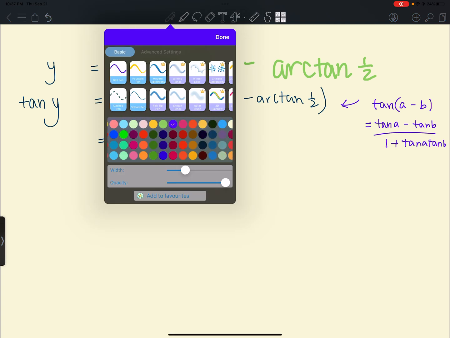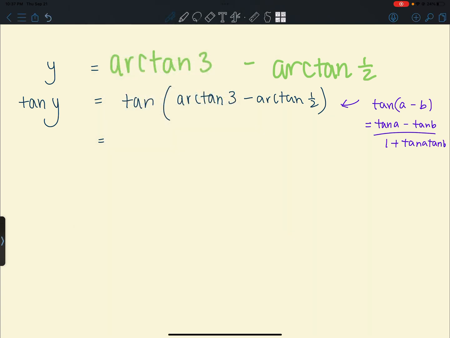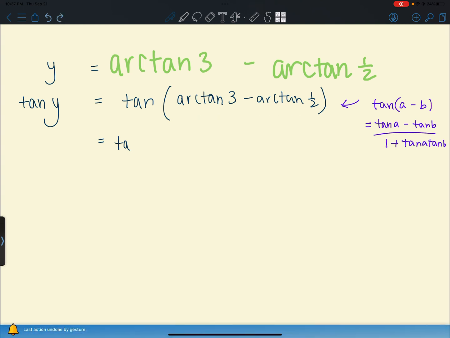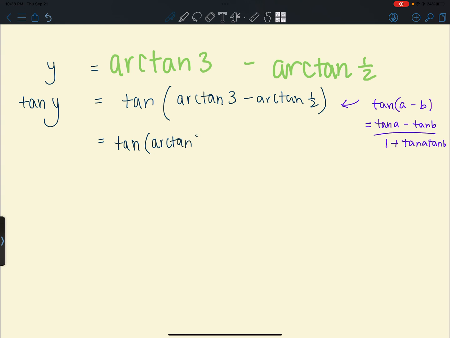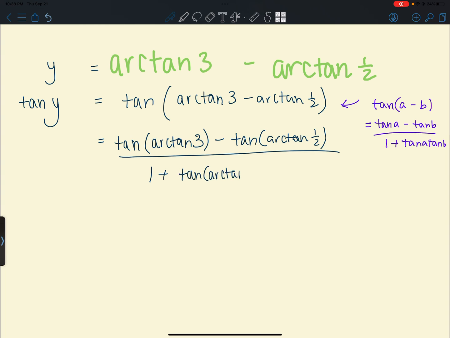And so let's do that with what we have here. So this is A, this is B. So tan(arctan 3) minus tan(arctan a half) over 1 plus tan(arctan 3) times tan(arctan a half).